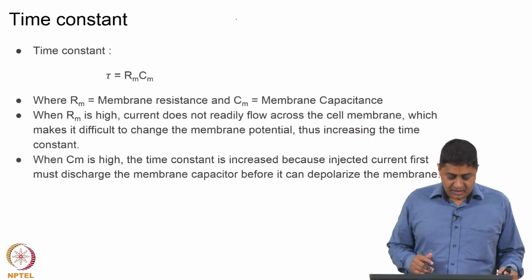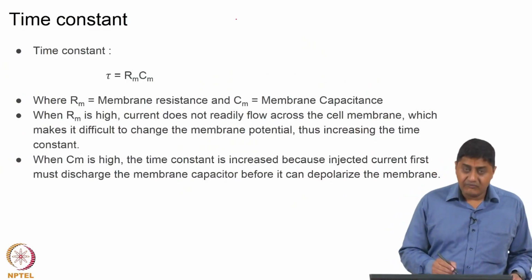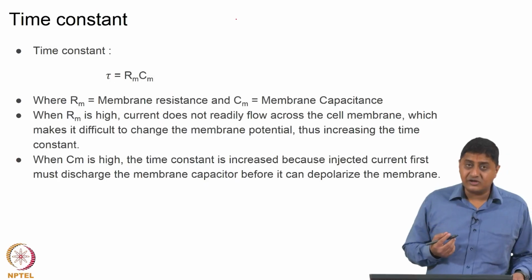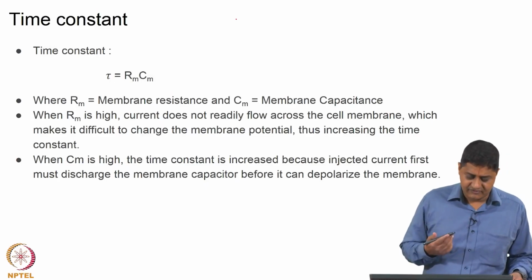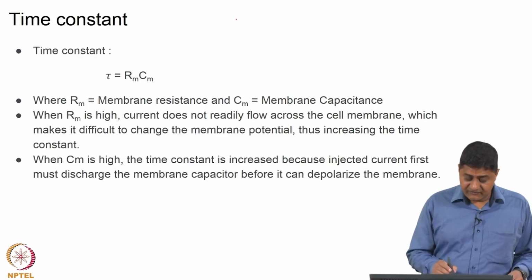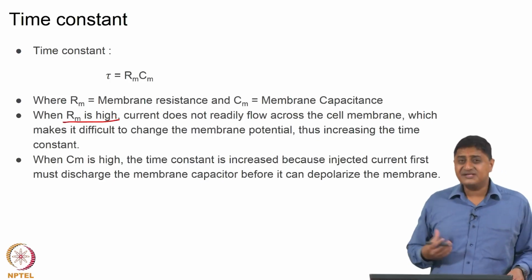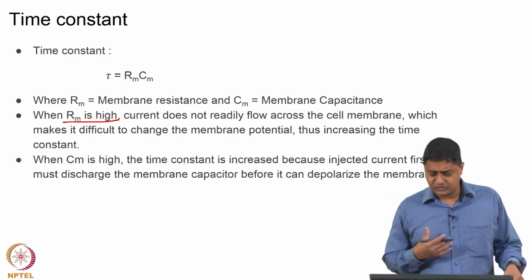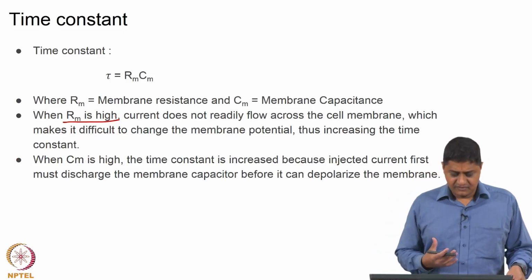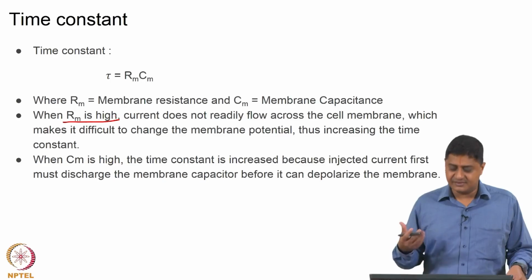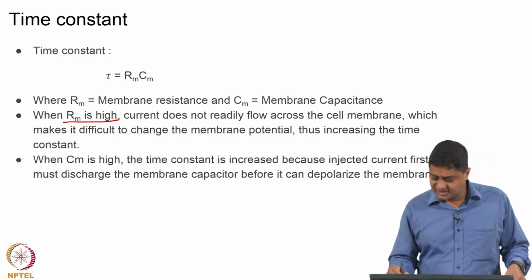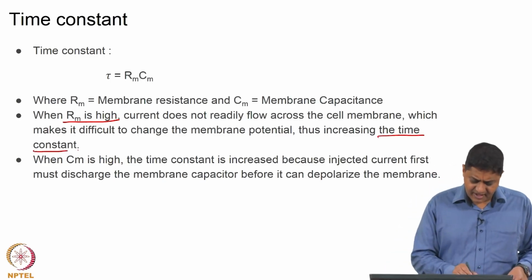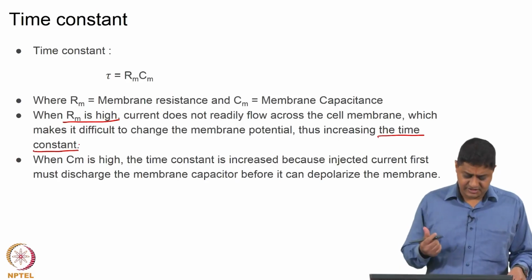So, what will take the time constant to a high or low value is something of interest for us. When the membrane resistance is high, current does not readily flow through the membrane, which makes it difficult to change the membrane potential, thus increasing the time constant. So, when Rm is high, the time constant is high.